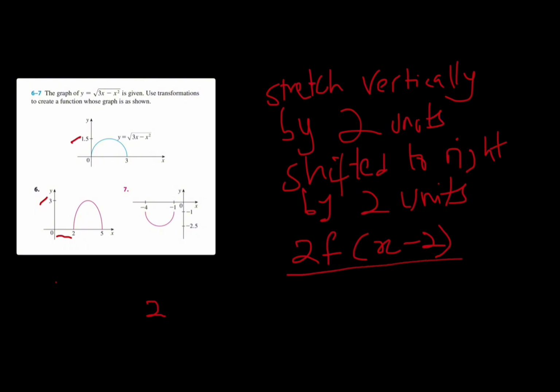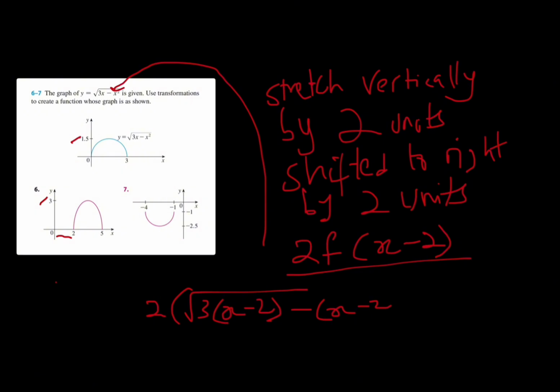Now we have to transform this into the function we were given. So how do we find 2 f of x minus 2? It means we are multiplying the whole f of x, which is square root of whatever is in there, and we are also replacing x with x minus 2. So wherever we see x, we put x minus 2 there: 3 times x minus 2 minus x minus 2 squared.